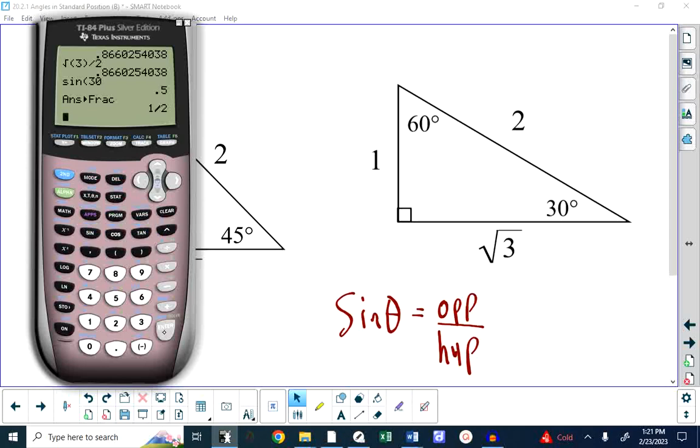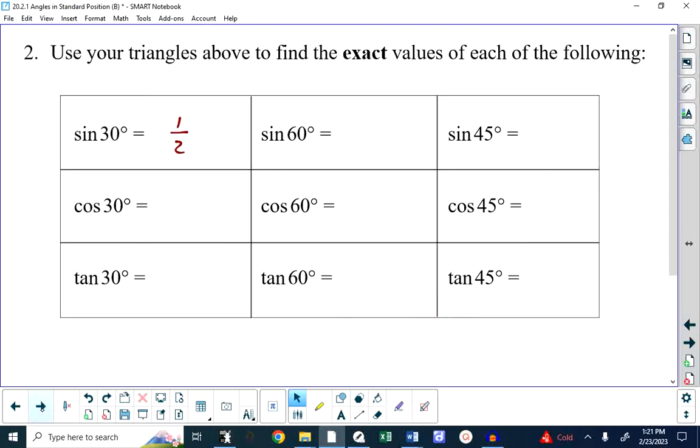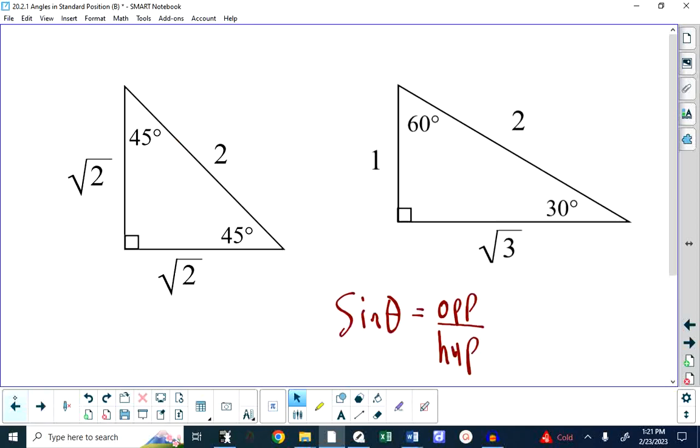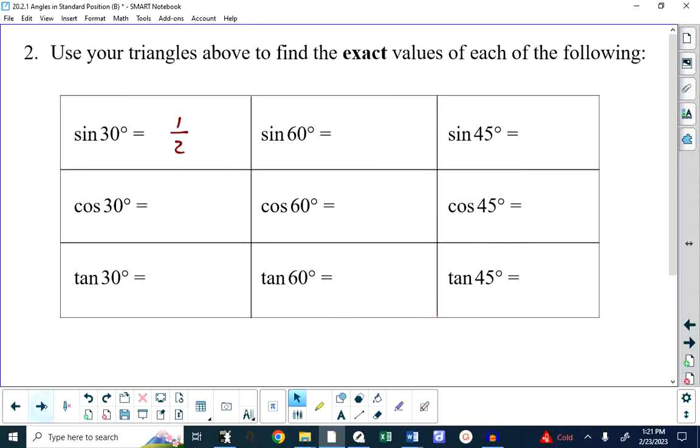Okay, let's go on and take a look at sine of 60. Well, you look at this triangle and you say that 60 degrees on the screen is at the top, opposite is √3, hypotenuse is 2, opposite over hypotenuse is √3/2. I'm telling you that you need to know the sine of 60 degrees is √3/2.